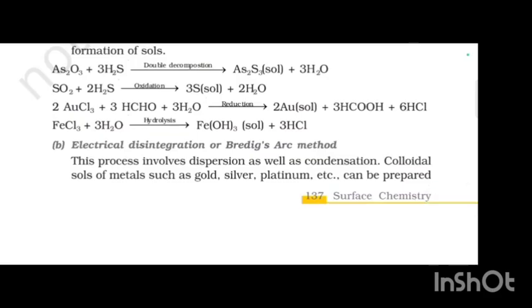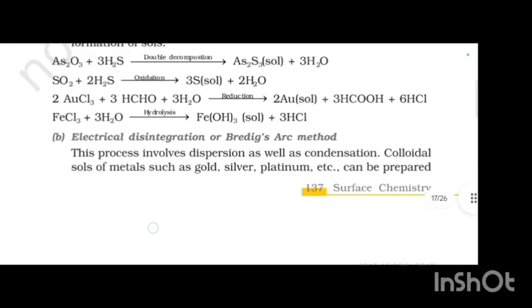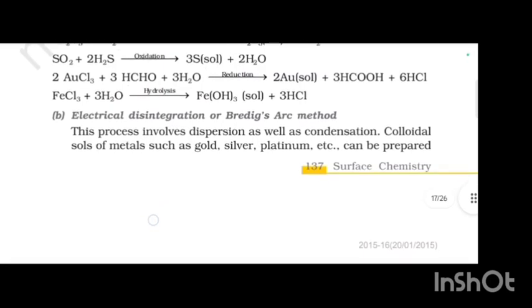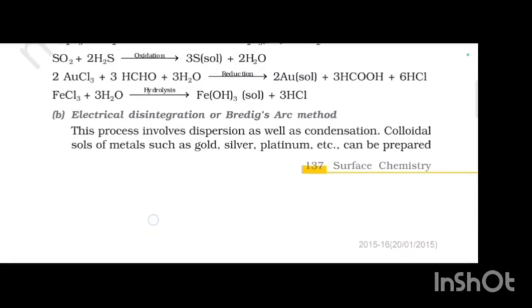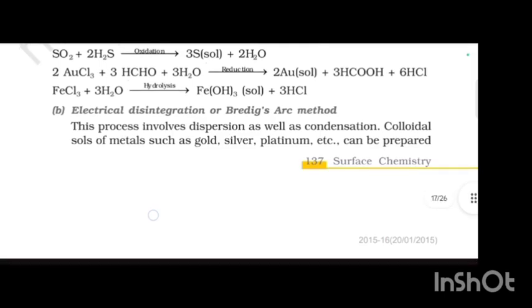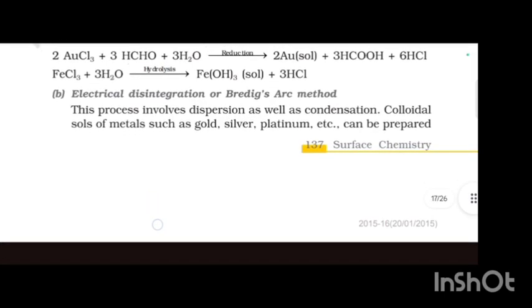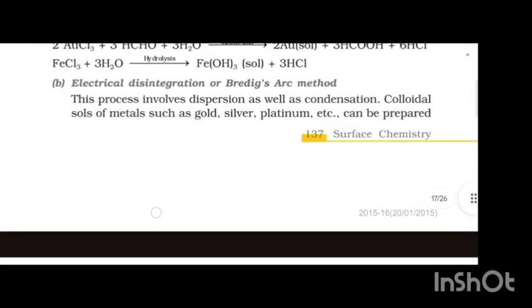As2O3 + 3H2S, double decomposition, gives As2S3 sol + 3H2O. SO2 + 2H2S, oxidation, gives 3S sol + 2H2O. 2AuCl3 + 3HCHO + 3H2O, reduction, gives 2Au sol + 3HCOOH + 6HCl.